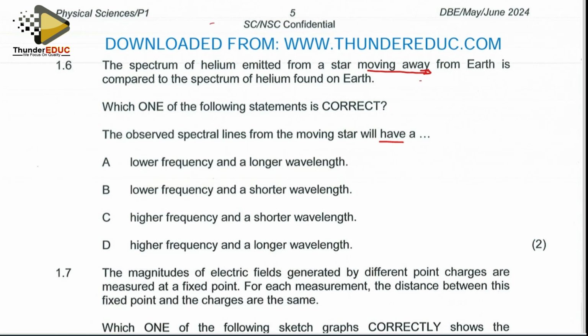And then for as long as the lambda increases, the frequency must decrease, from c = fλ. We know that if I make f the subject, it will be c over lambda, which means the two are inversely proportional. So what I'm going to say is that the frequency is lower, the wavelength is longer. 1.6, I'll go with option A. Okay, so A is my option.